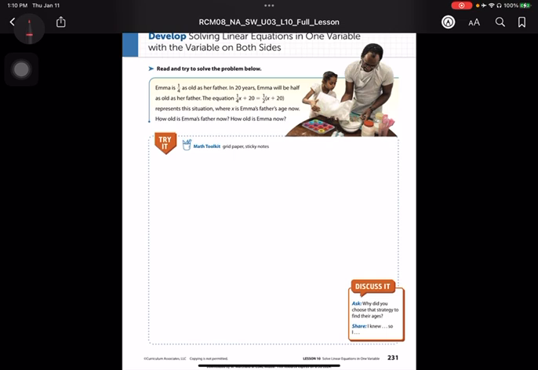So we're going to set up this equation as written, but we got to define our variable. We're going to say let x equal Emma's father's age.